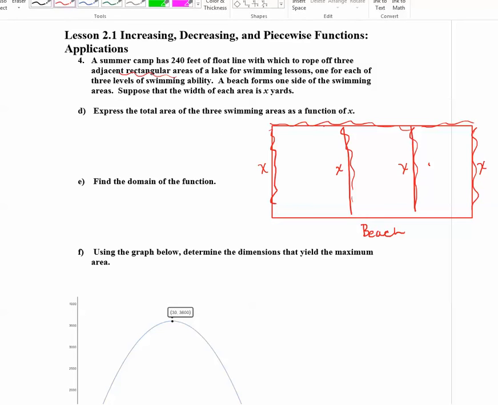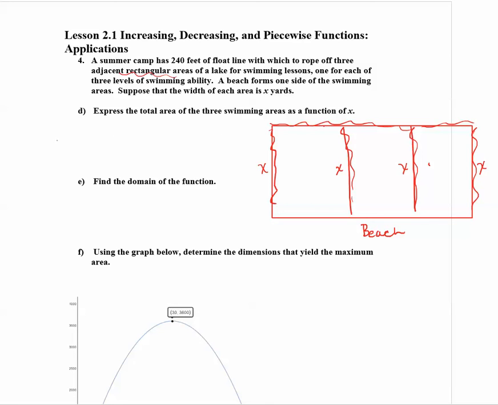So the total area is a big rectangle. So for the area of the big rectangle, I know that one dimension is X, that's my width, and I need to know my length.